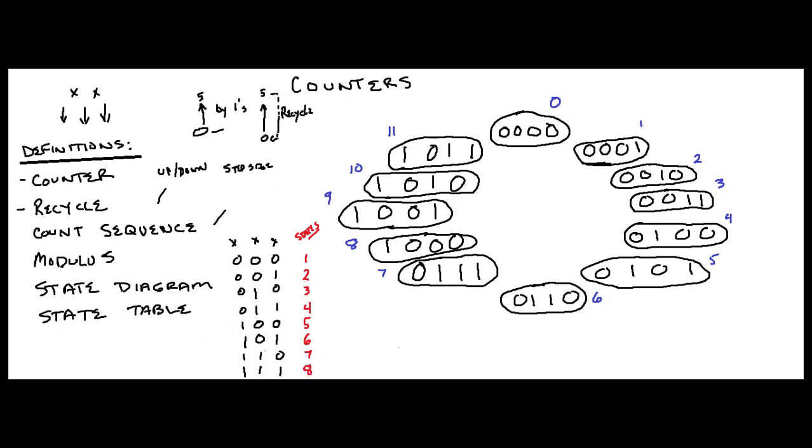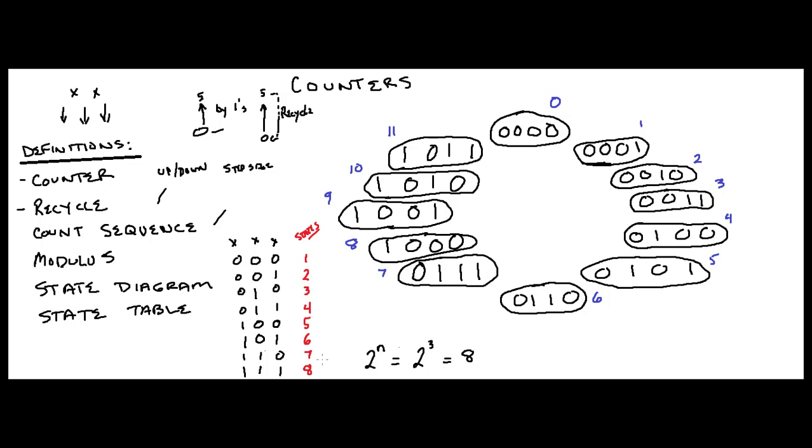Remember, these are not what these numbers are; this is just the number of states here. Obviously, this counts from 0 through 7, but there are 8 total states. So what's the maximum modulus of this counter? Well, it's going to be 2 to the n, where n is the number of bits. That's going to be 2 to the 3rd, which is equal to 8.